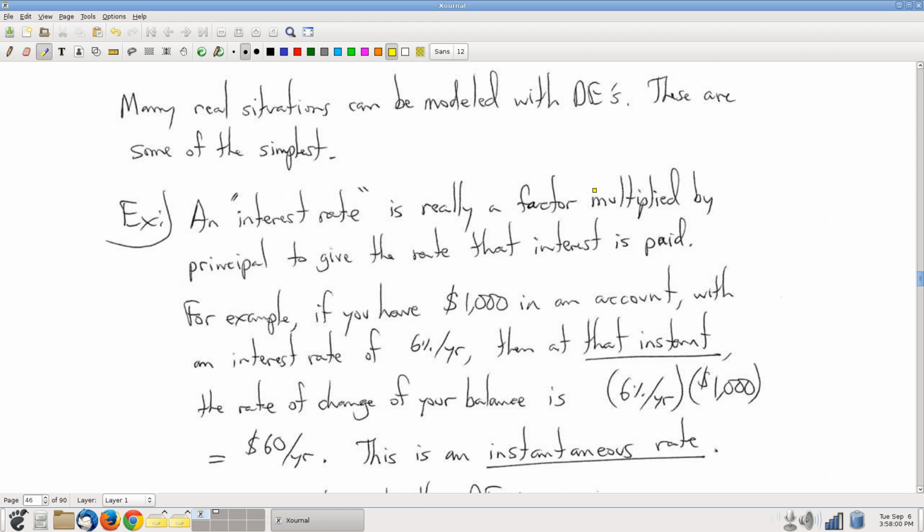Now, at this time, one could observe that if the interest is going in at a rate of $60 per year, then over the course of a year, you might suspect that $60 would be the amount that would go into the account.